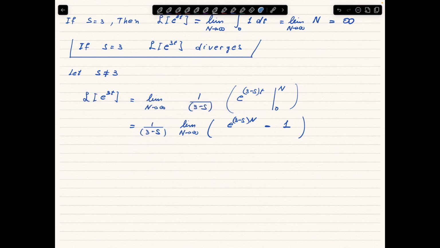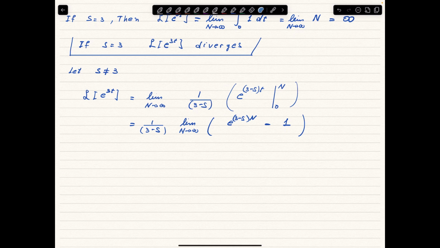And what do we do now? Well, the limit is actually only here, and as we are going to see pretty soon, there are two possible results, one or the other, depending on the value of this constant.